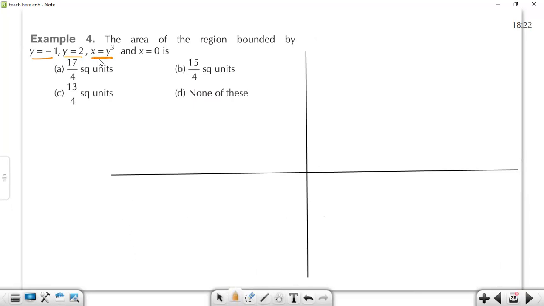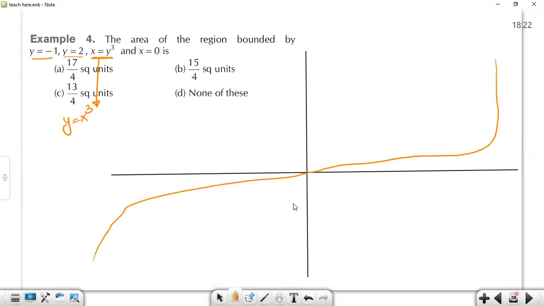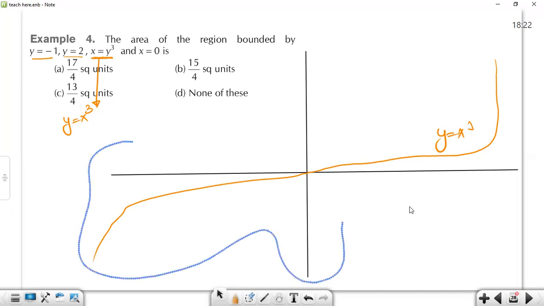As earlier we were discussing the graph of y equals x cube, where the graph was something like that, like this, right? So this was the graph of y equals x cube. But here in this case, x and y are interchanged.